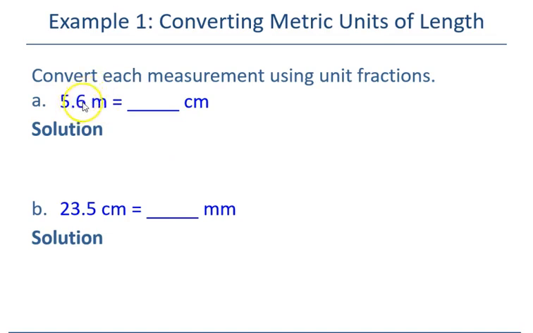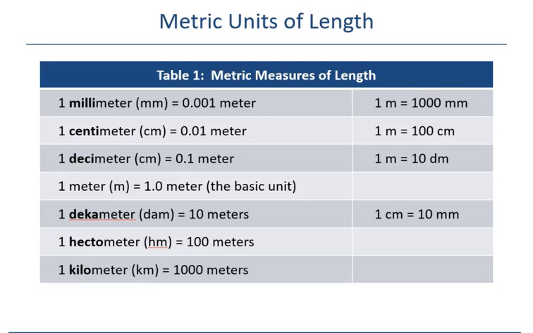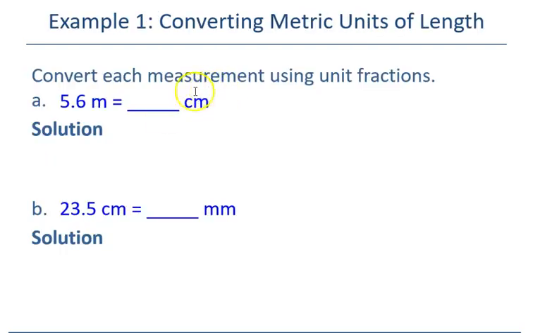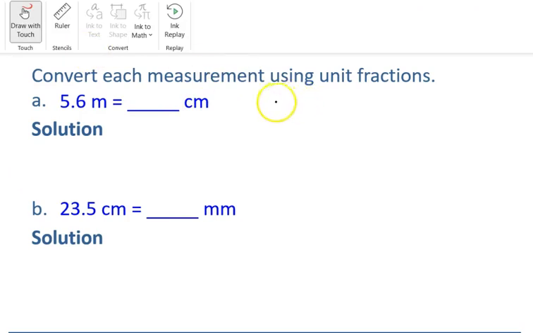Notice on this first one we got 5.6 meters equals how many centimeters? Well, let's look it back up here and look up the meters. 1 meter equals 100 centimeters. So we can come over here and know that we're going to be getting rid of our original one, and the one we want to stay with is going to be the centimeters. So let's keep him on top. We know that 100 centimeters equals 1 meter.